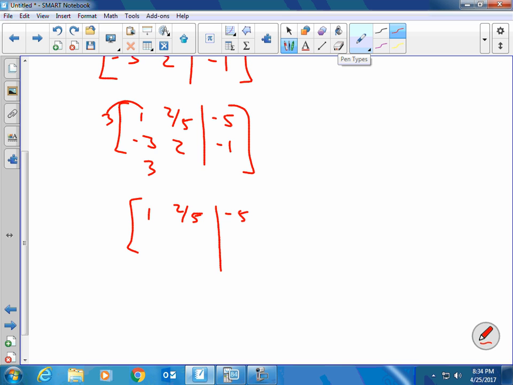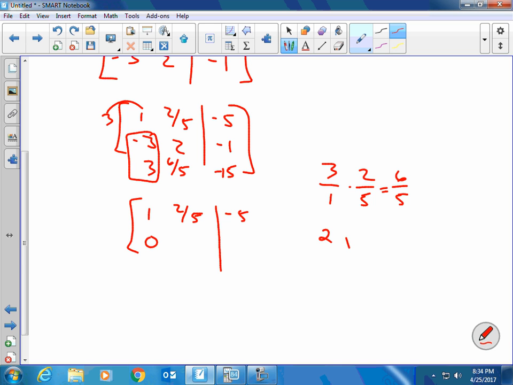3 times 2/5 is 6/5, right? 3 over 1 times 2 over 5, top times top, bottom times bottom. And 3 times -5 is -15. Add these together. -3 plus 3 is 0. 6/5 plus 2: the common denominator is 5, so this becomes 10/5 plus 6/5, which is 16/5.